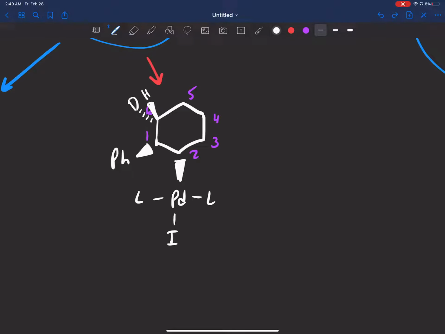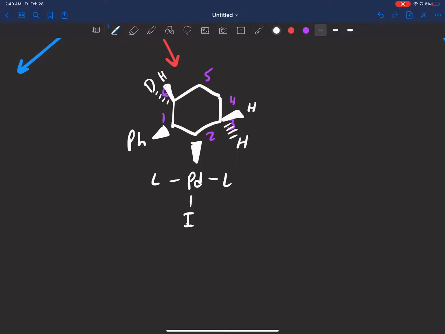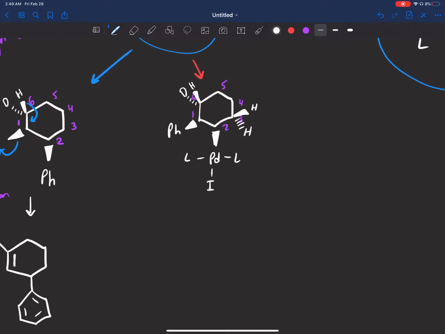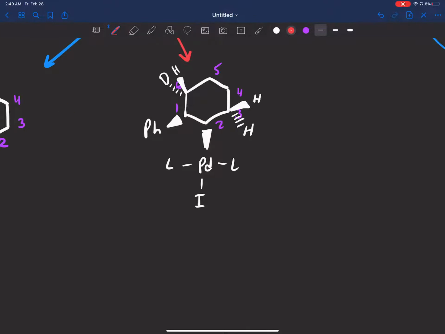So instead, I'm going to look at carbon 3. It's got a wedged hydrogen and a dashed hydrogen. No deuteriums. So I'm going to use the wedged hydrogen. Again, remember, syn elimination, same stereochem. So what's going to happen is the wedged hydrogen collapses downward, and the palladium gets kicked out.